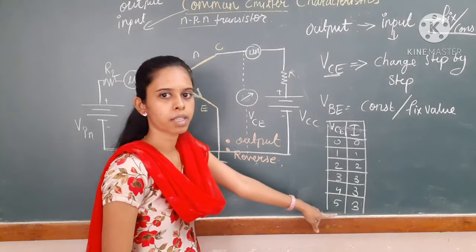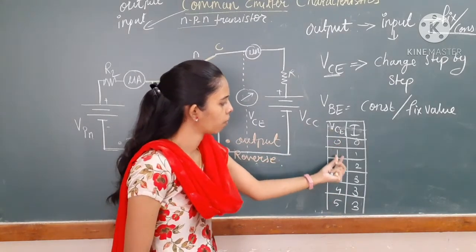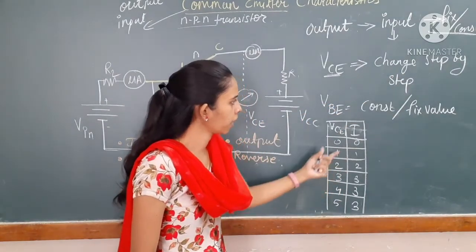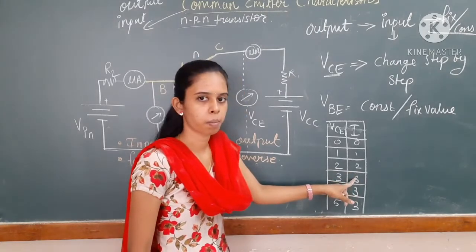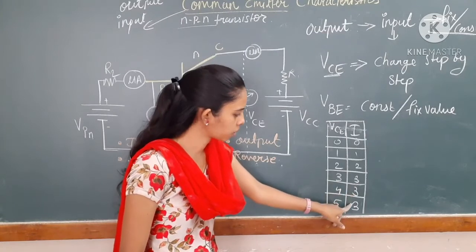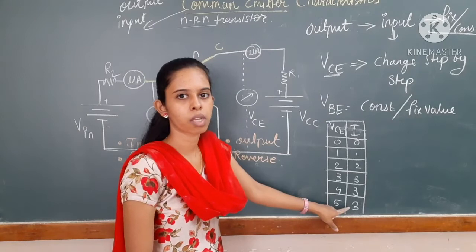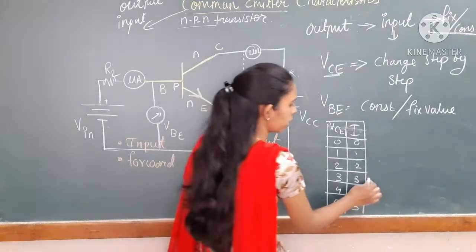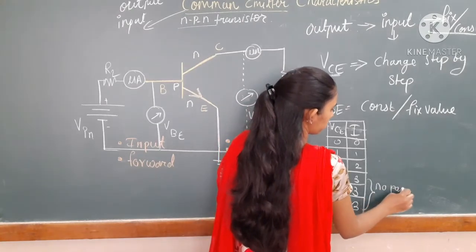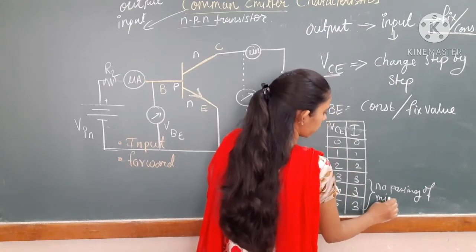Now here you can see that we are changing the VCE step by step. Then the current is going to change. But at some point what is happening? Yes, the current is constant. That is, the point at which the current gets constant is called what? Saturation current. So here you can see there is no passing of minority carriers.